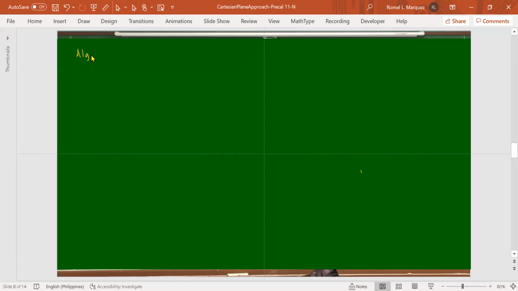So we call this algebraic signs of trigonometric functions in the different quadrants.